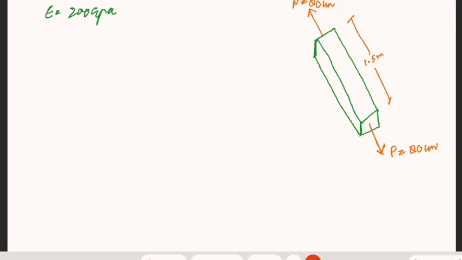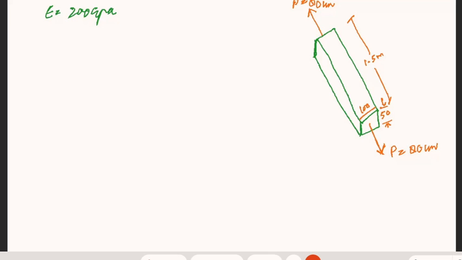And its cross-sectional dimensions are 100 and 50. These are its cross-sectional dimensions.